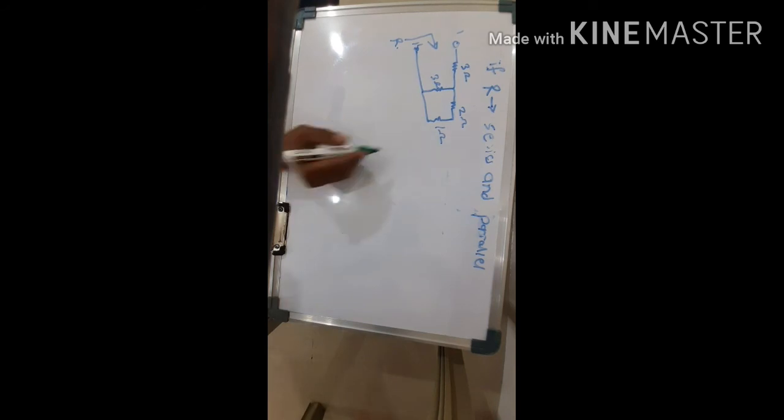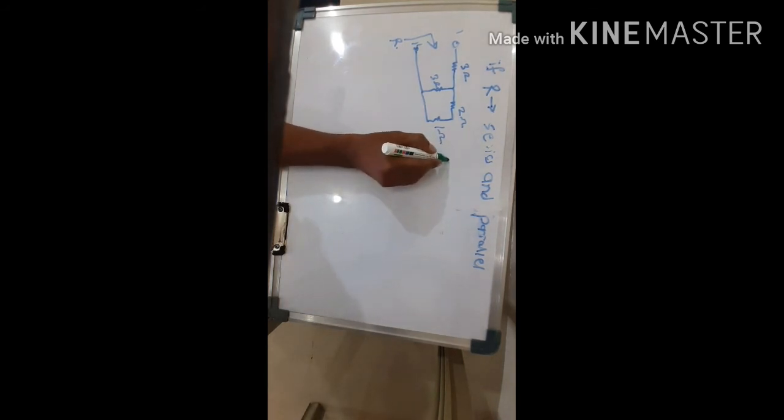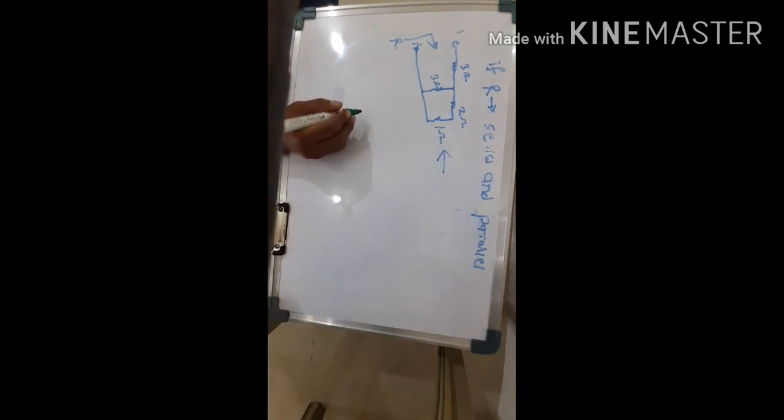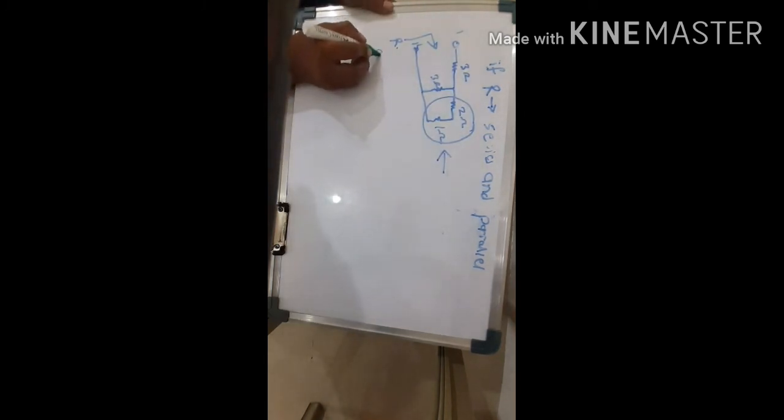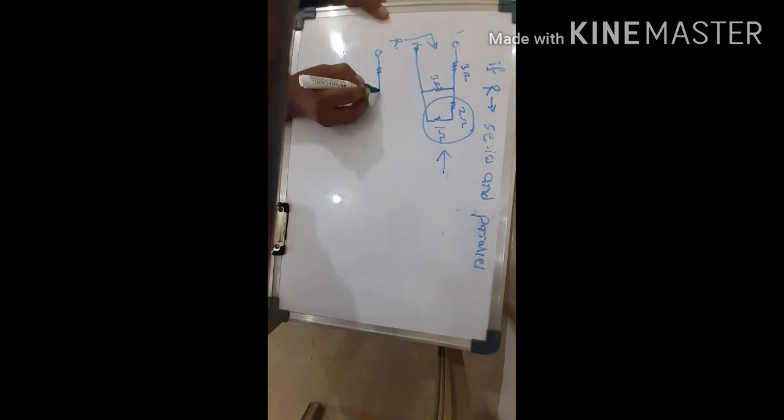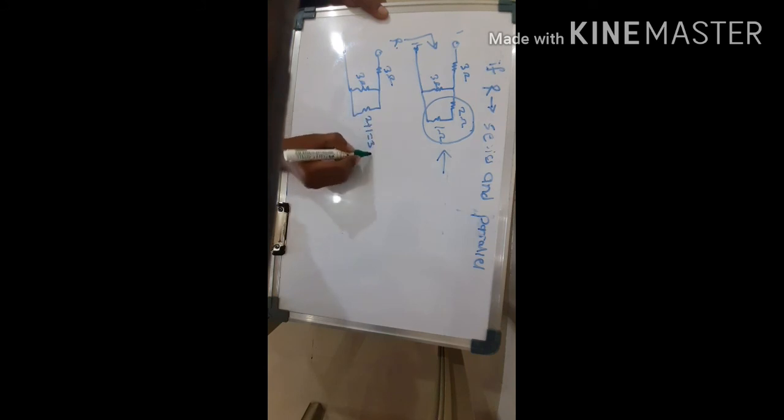Always remember, we have to solve the problem from the right hand side. From the right hand side, we see 2 ohm and 1 ohm connected in series, so firstly we will solve this. We draw one equivalent resistance, that is 2 ohm plus 1 ohm, that is 3 ohms.